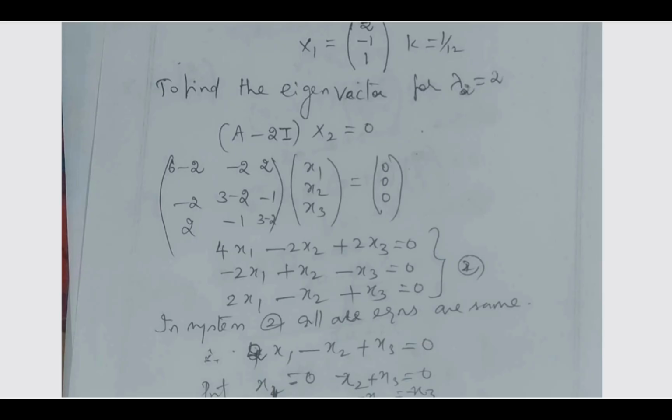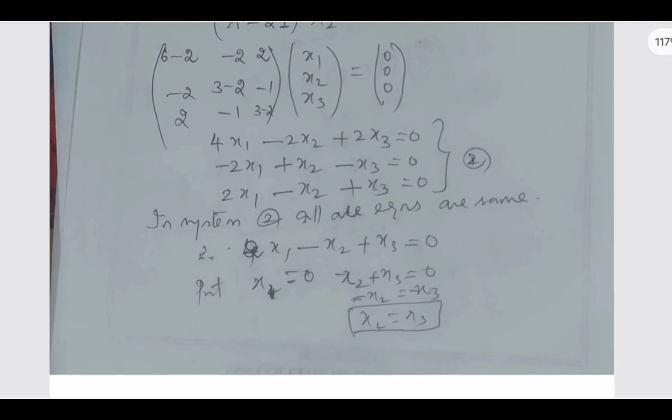In that case, as I told you in the previous problem, you have to assume any one variable as 0 in the eigenvector. First I put x1 equal to 0. Putting x1 equal to 0 in any one of the equations, because all three are the same, you get minus x2 plus x3 equal to 0, minus x2 equal to minus x3, x2 equal to x3. So x2 and x3 are the same.